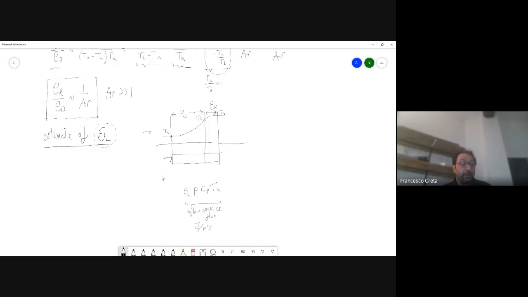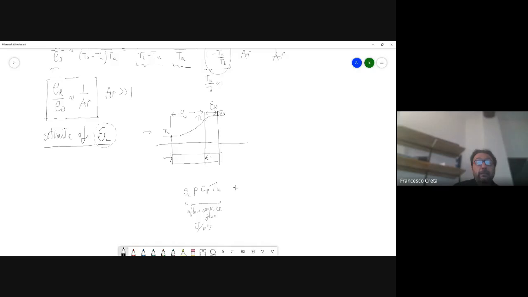What about another inflowing flux? Well, look at the reaction zone over here. There is an inflow from the right here, which is, however, not convective. It's a conductive flux. So it's the heat flux coming from the hotter reaction zone, that is heating up by conduction the preheat zone.